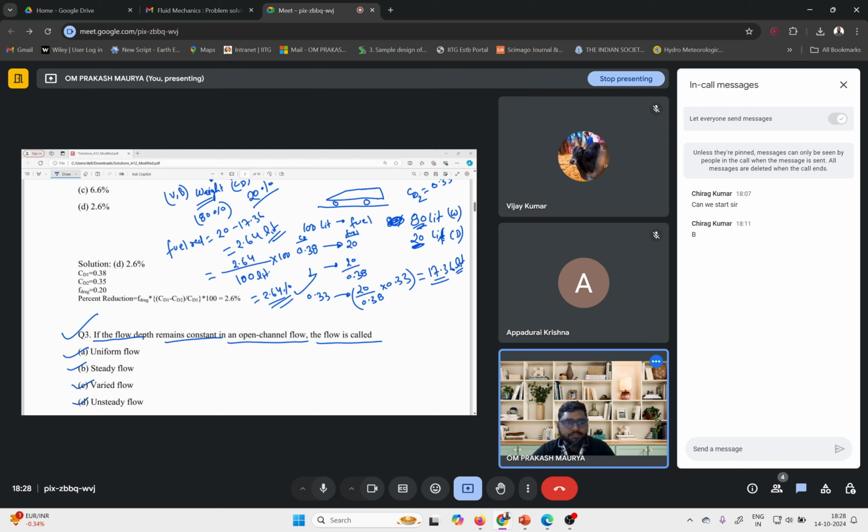Very easy question. Then I will discuss all 4 points. What is uniform flow, steady flow, varied flow, and the unsteady flow. You have 2 minutes to give your answer.